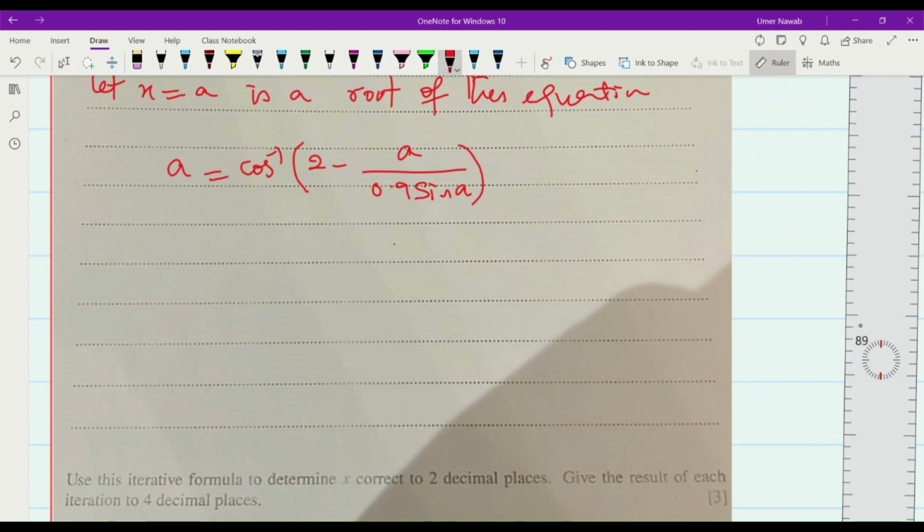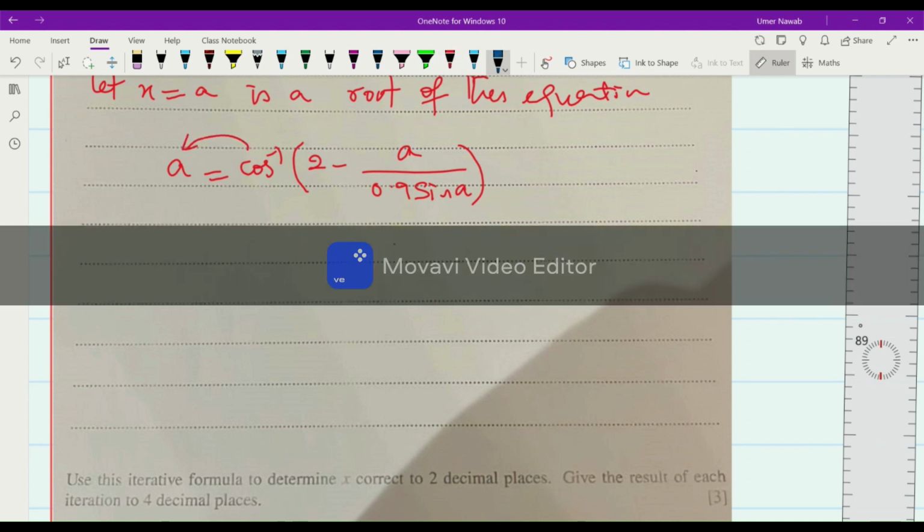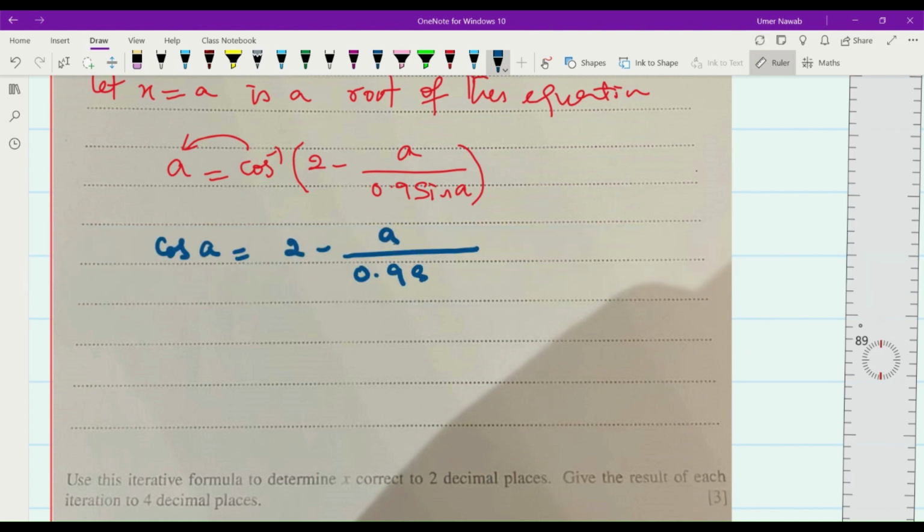So let me try to simplify it, or convert it into that form, which is the first equation form. So send the shift cosine to the left, so it turns into cosine of a is equal to (2 minus a) over 0.9 sine of a.